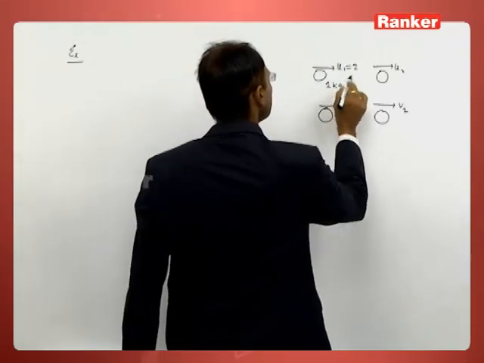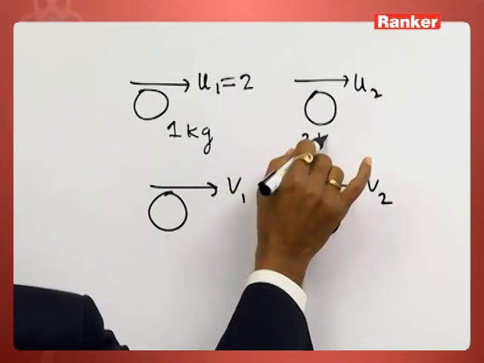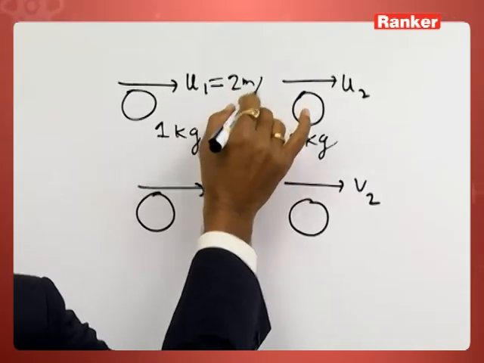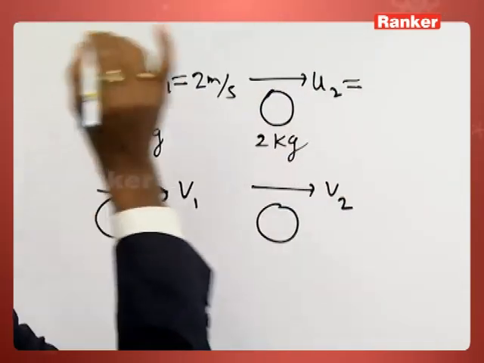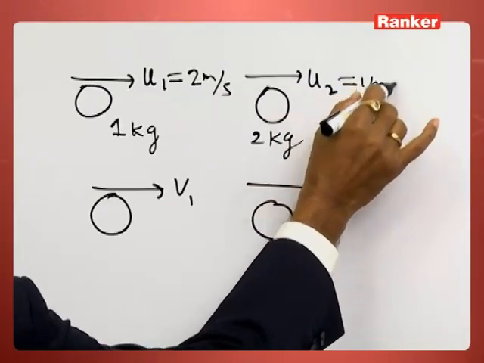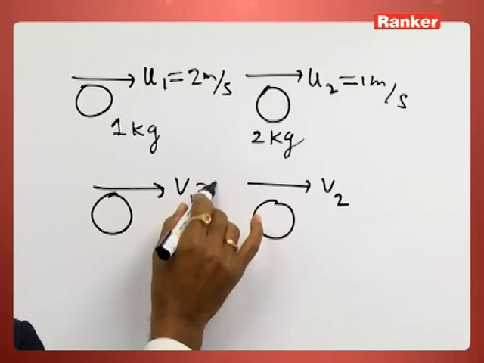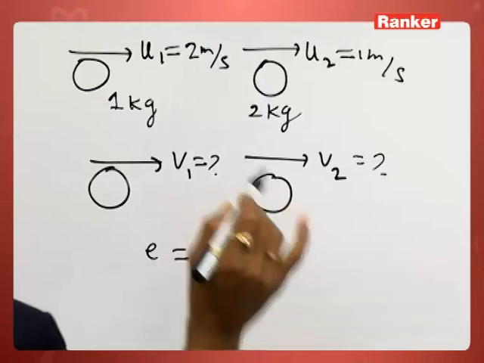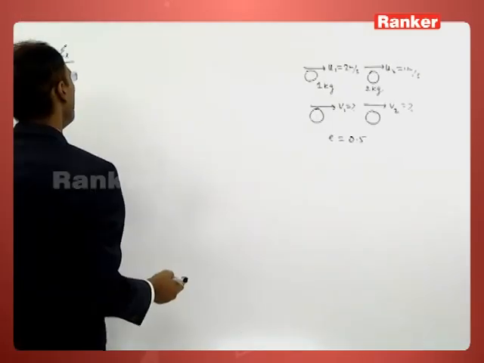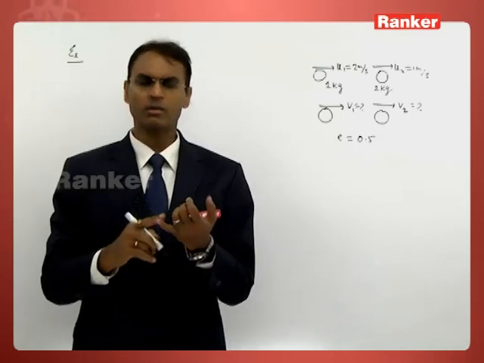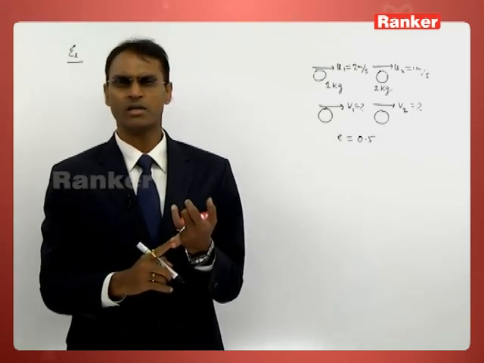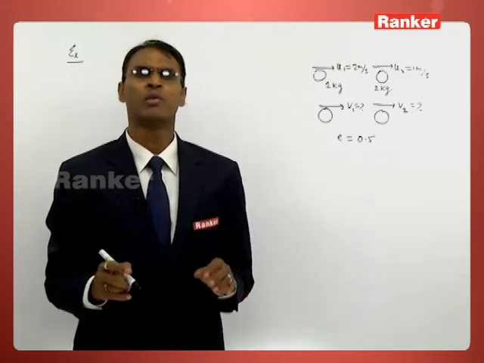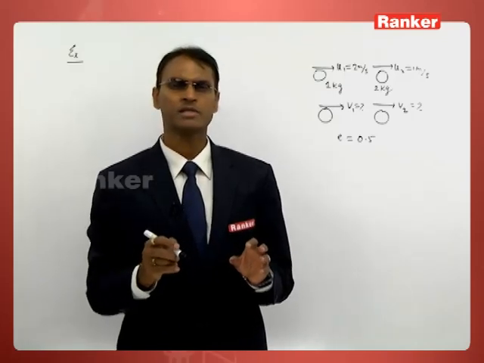Two bodies of masses 1 kg and 2 kg are moving with velocities 2 meters per second, that is U1, and U2 1 meter per second. We need to calculate V1 and V2 if the coefficient of restitution is 0.5, say. This is the question. Either you can directly apply the formula or you can start from scratch. Both methods are self-sufficient, but always try a few problems from scratch.